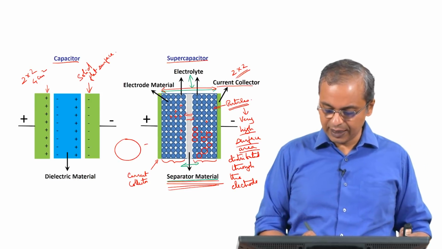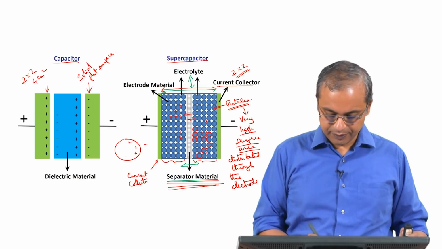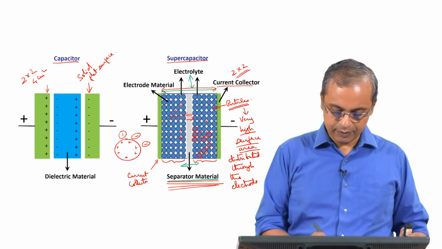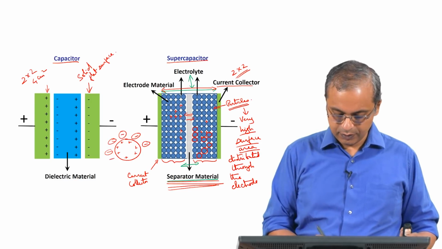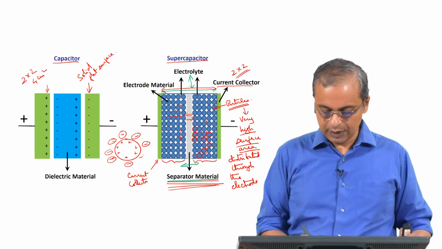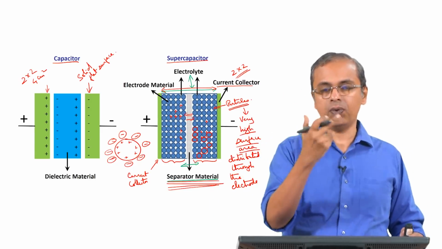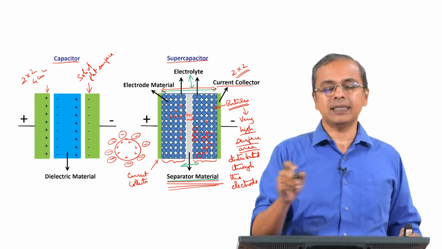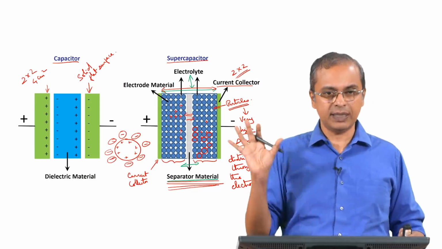So, let us say it is positively charged here, the ions come to the surface. But these ions are not entering the particle, they are holding position just around the surface. So, in the particle nothing is happening, the particle does not swell, does not contract, it just stays more or less intact.